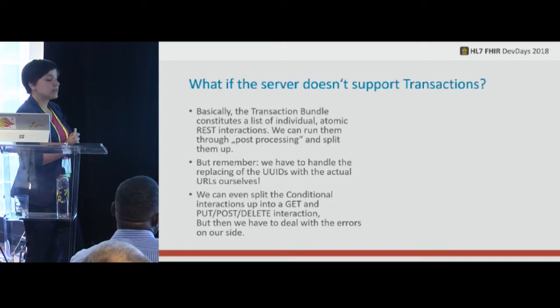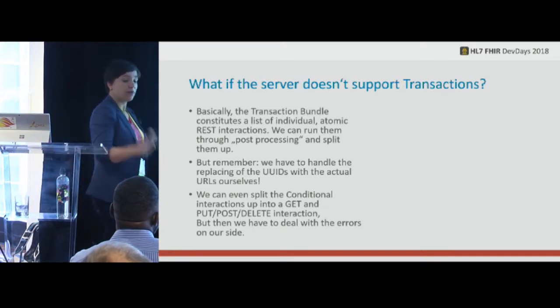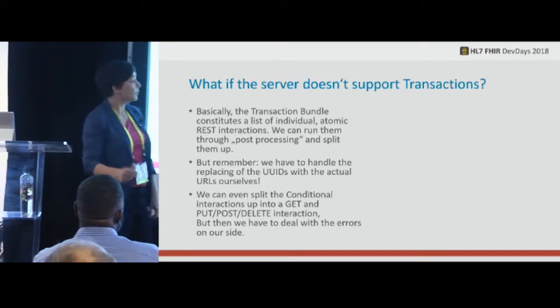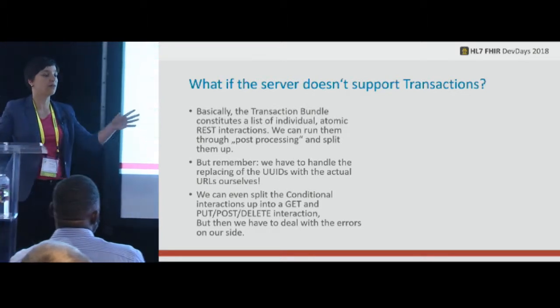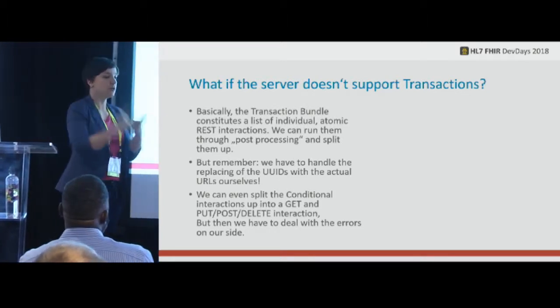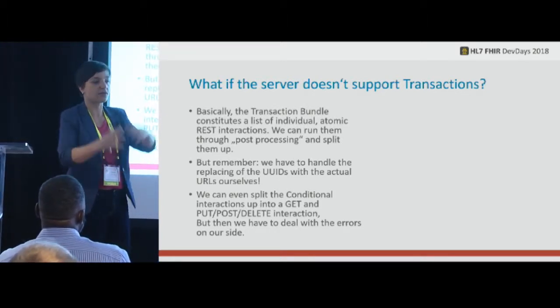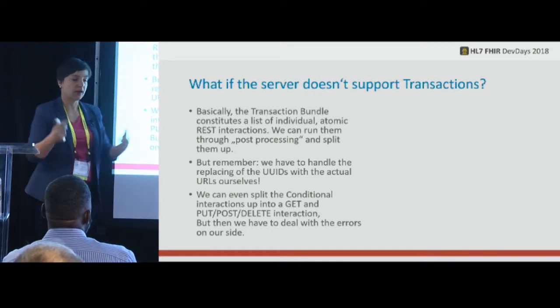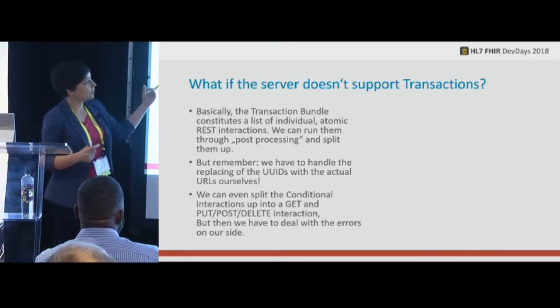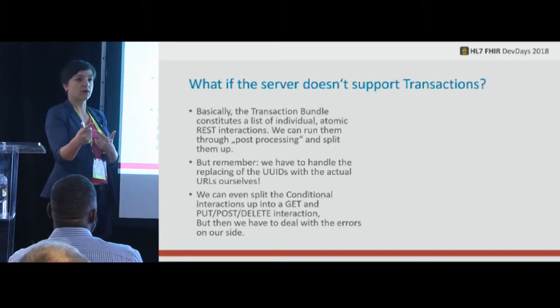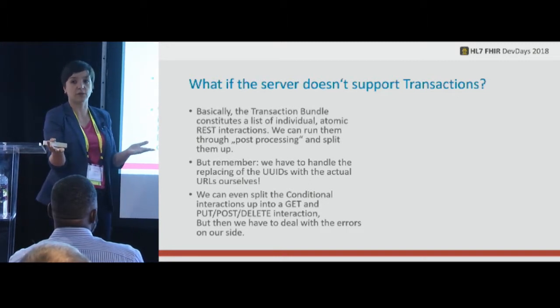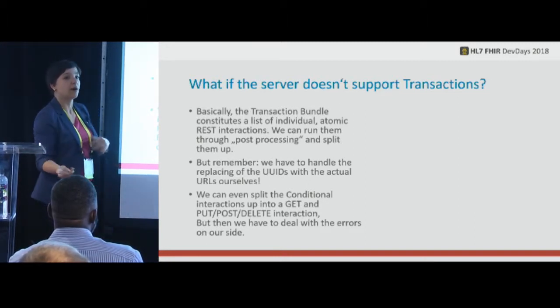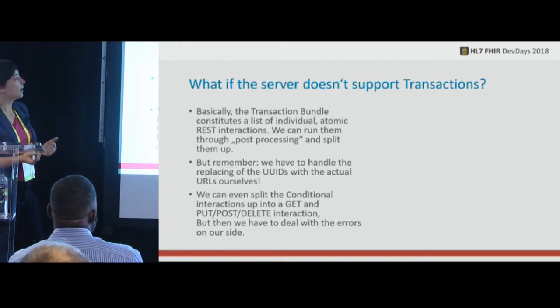So the next problem is, if you're working with a FHIR reference implementation, you're good because they implement everything, all the fancy stuff that we use, the conditional updates, the conditional reference, it's all there for you to use. But sometimes you will have to talk to FHIR servers that only support the basic REST interactions and none of the fancy parts of the API.